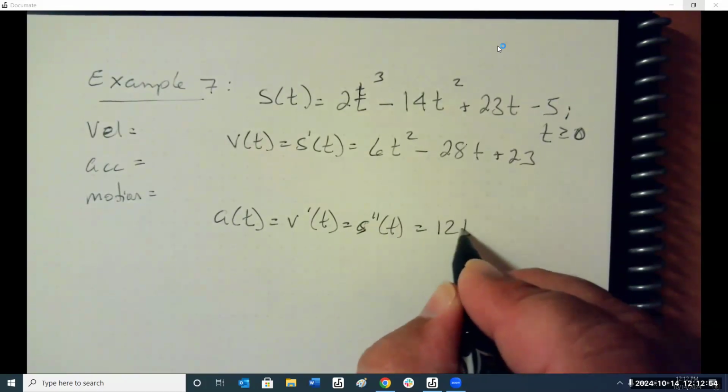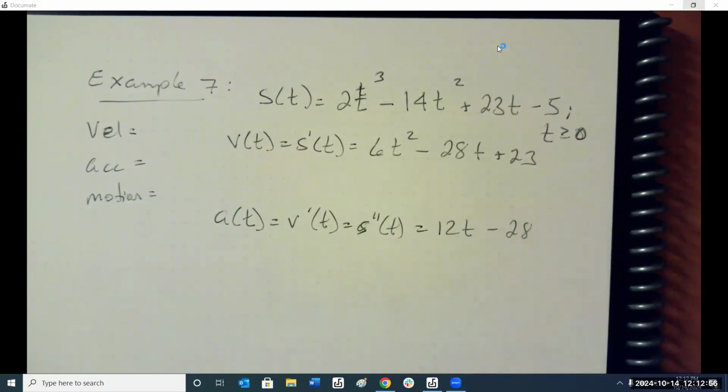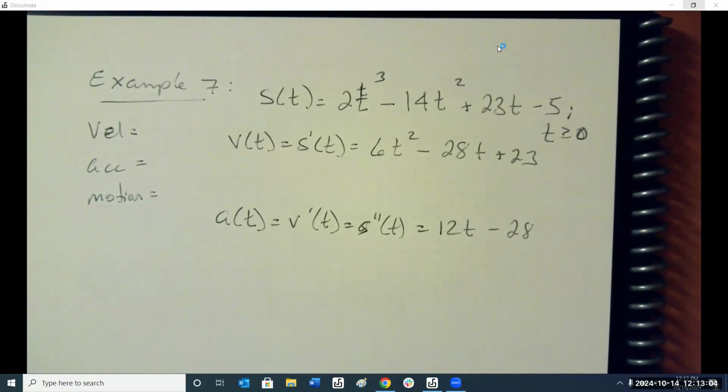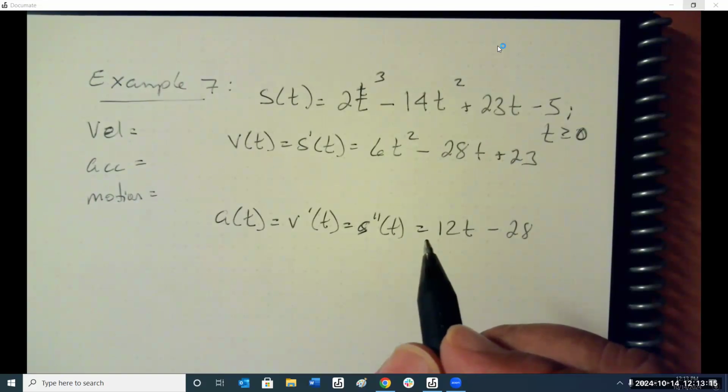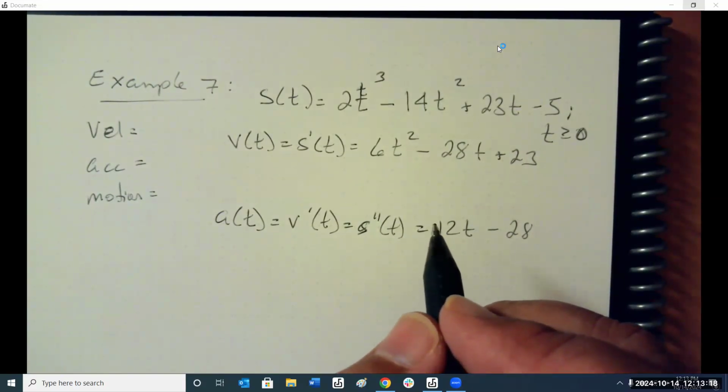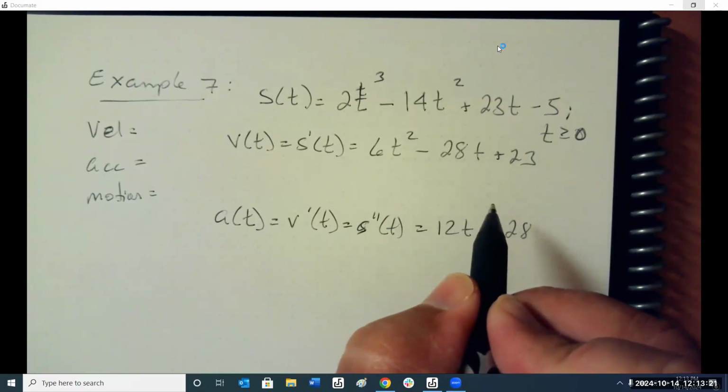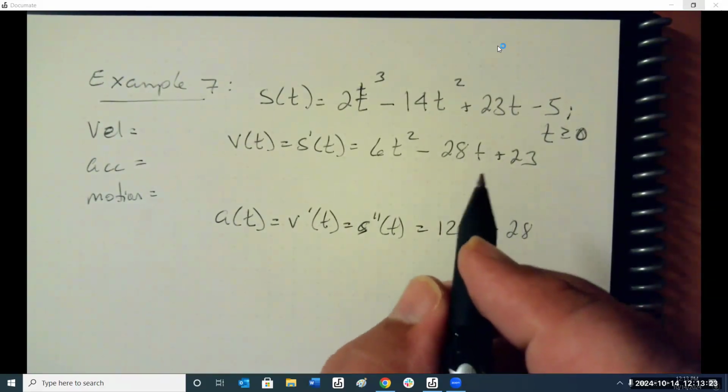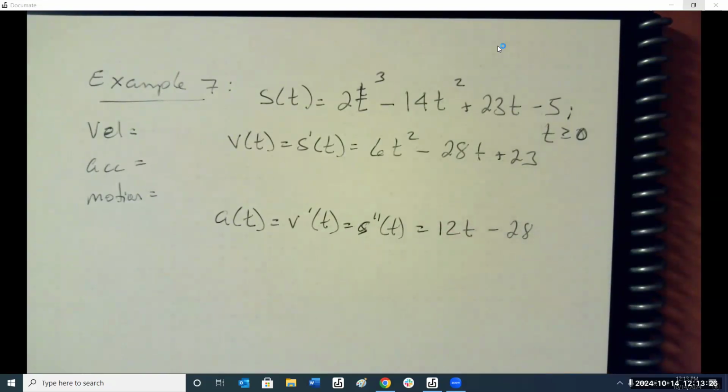So it's 12t minus 28. See what we can do here. And we'll factor that one. And the bottom one's pretty easy.